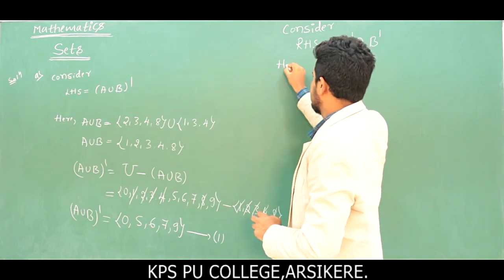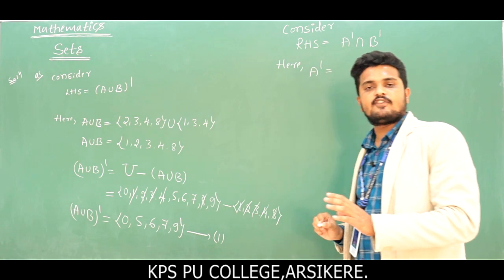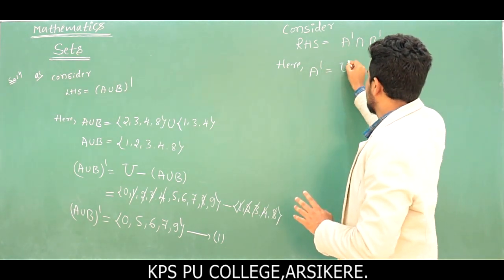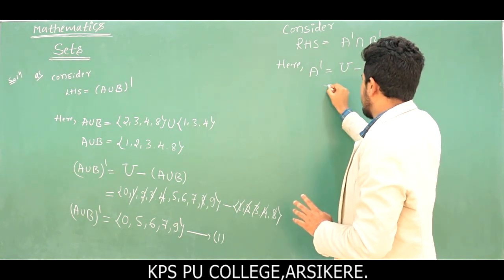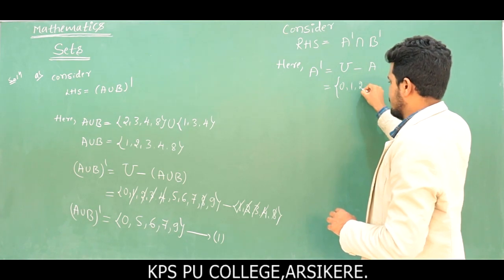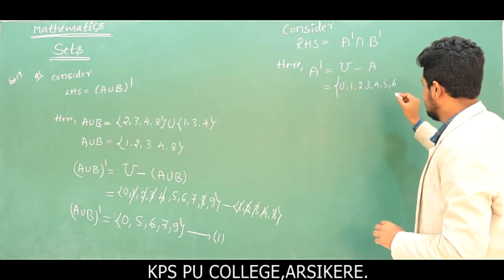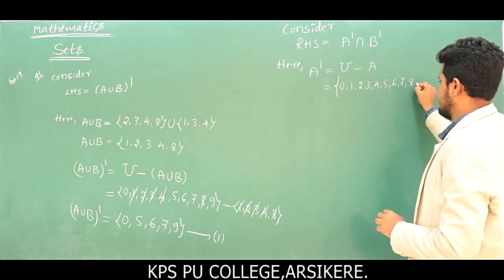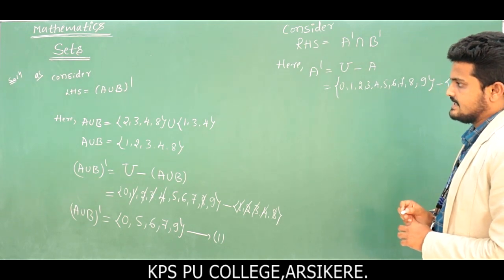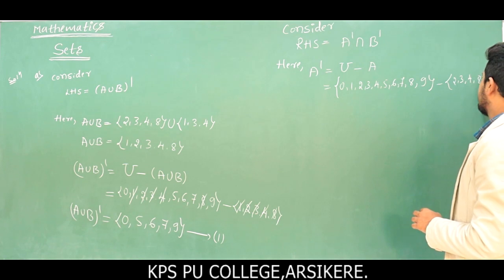Here A dash is equal to, what is the formula to find the complement of a given set? A dash is equal to universal set minus A. They have already given the universal set: 0, 1, 2, 3, 4, 5, 6, 7, 8, 9, minus set A. They have already given set A value, right? 2, 3, 4, 8.